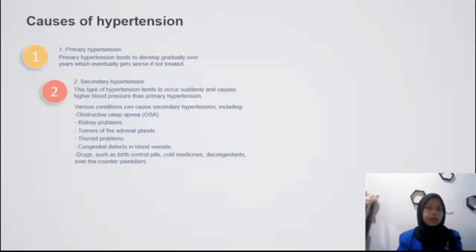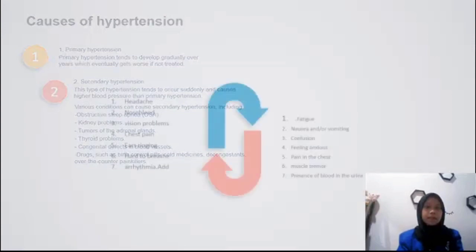Thyroid problems. 5. Congenital defects in blood vessels. 6. Drugs, such as birth control pills, cold medicine, decongestants, and over-the-counter painkillers.